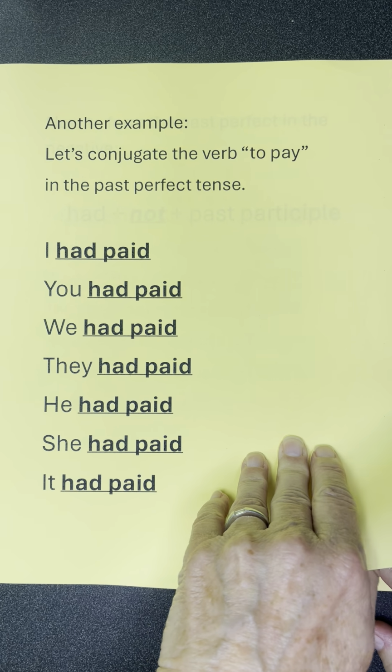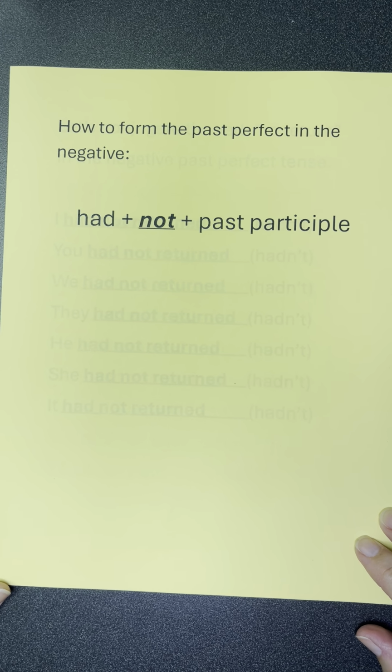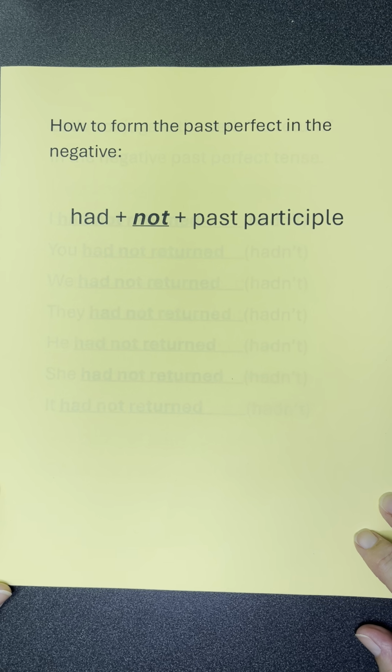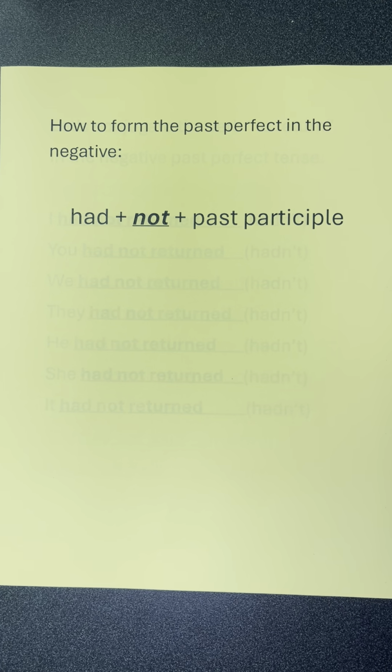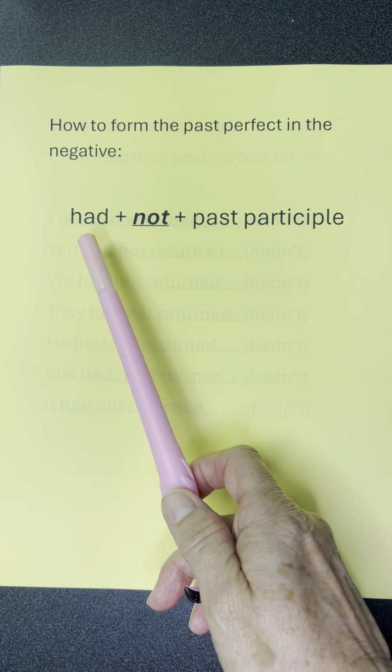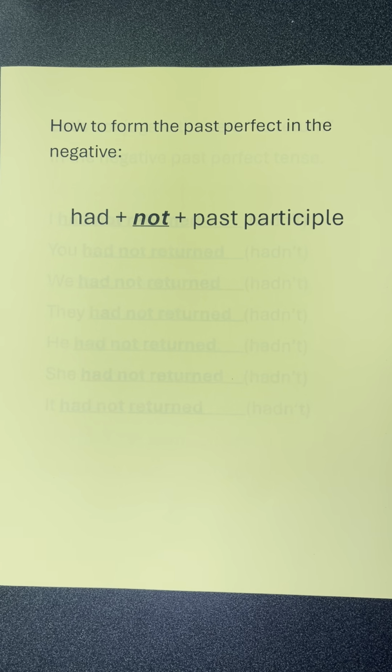It's not so difficult. Okay, when we want to make a sentence in the past perfect negative, once again, we have to use the word not. And we do that by simply placing it between the word had and the past participle.